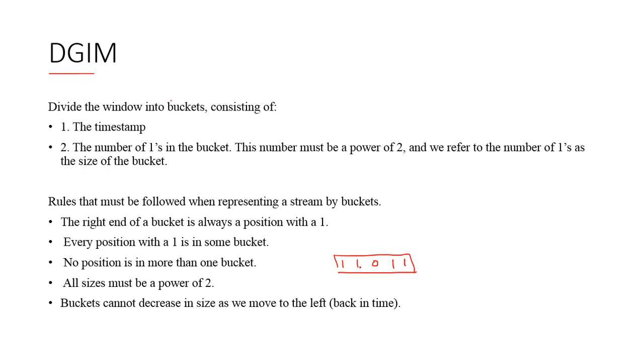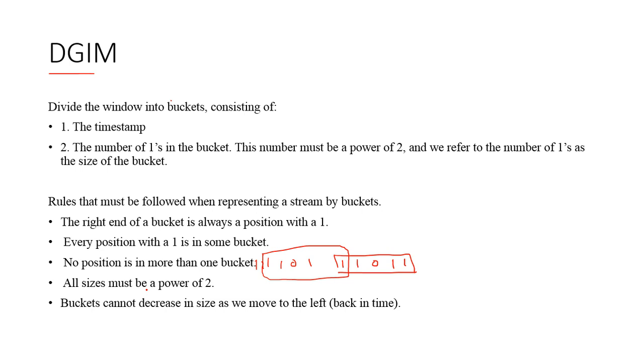Later, if I take this 1 0 1 1 and 1, now I cannot create a bucket like this, because this 1 is already considered in the earlier bucket. I cannot store this 1 in another bucket. That means buckets should not overlap.